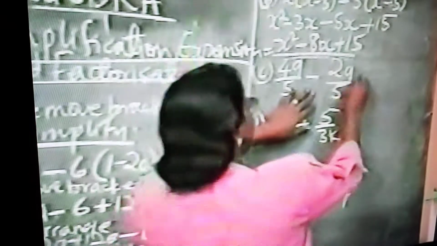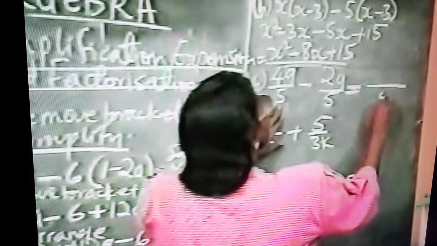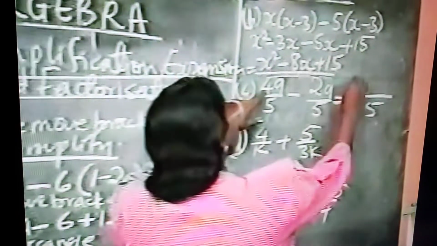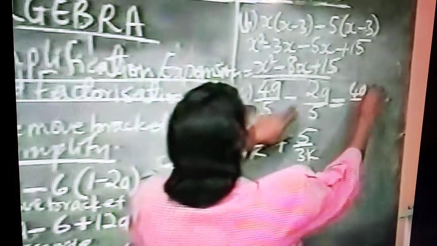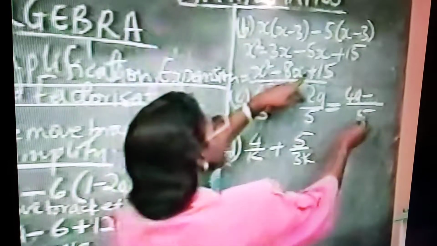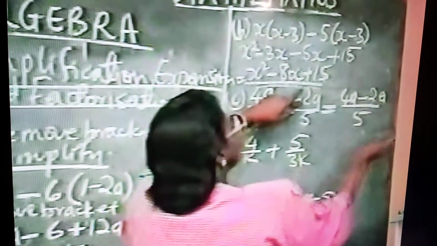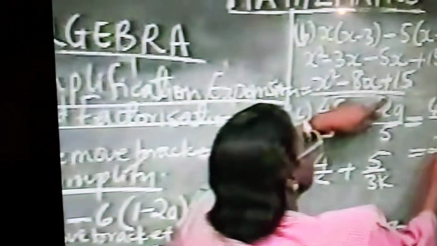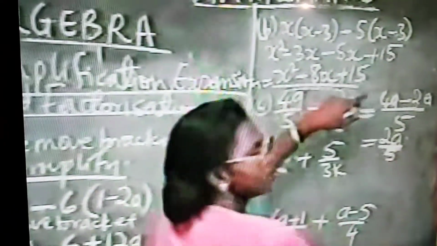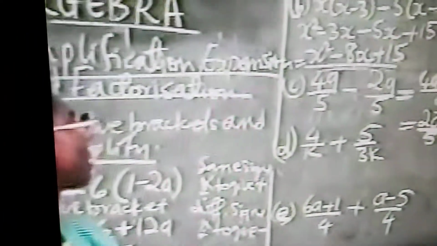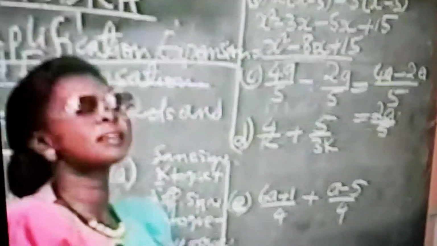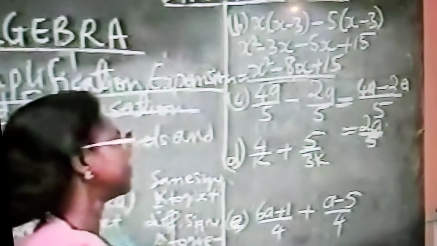Take the LCM to be what? 5. 5 in 5, 1 times 4a. So you just get your 4a minus 5 in 5, 1 times 2a. And the answer simply is 4a minus 2a, which is 2a over 5. It's the same thing you do when you have fractions. This could be done with 4 over 5 minus 2 over 5, and that's what you normally do.